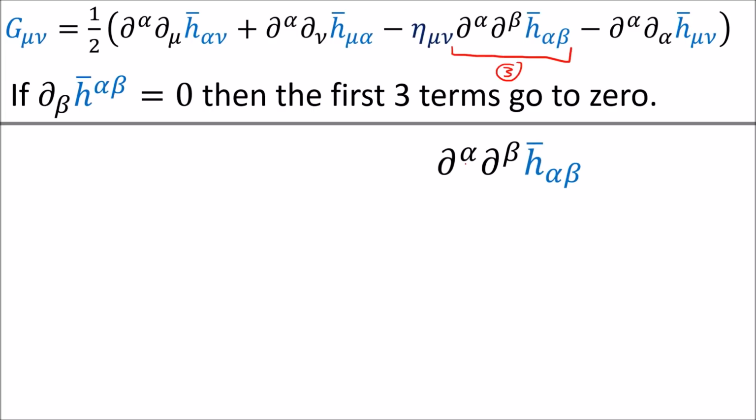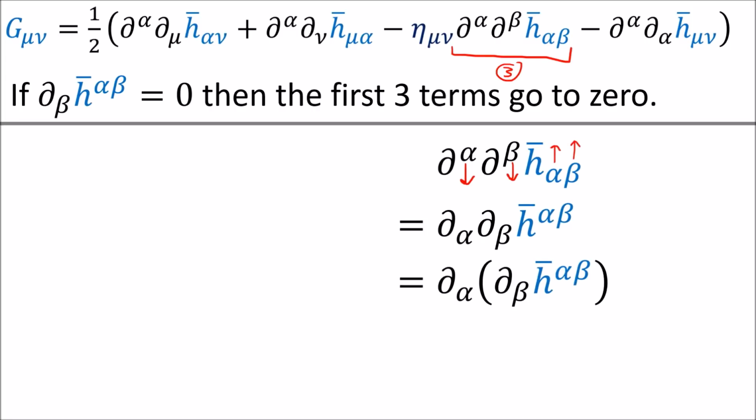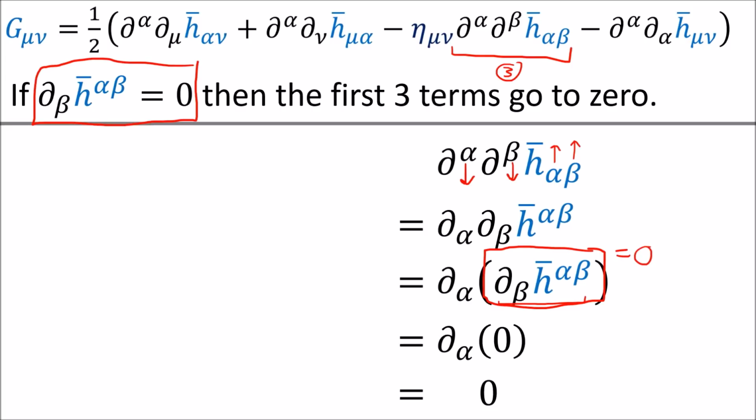We can lower the alpha and beta on the derivatives in exchange for raising the alpha and beta on the h bar term. Then, looking at this inner derivative, this is exactly the expression we have for the Lorenz gauge condition. So if we assume the Lorenz gauge condition is true, this goes to zero, meaning the entire third term goes to zero.